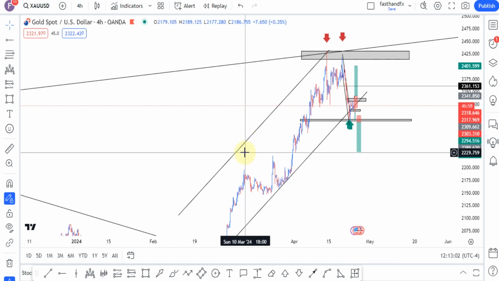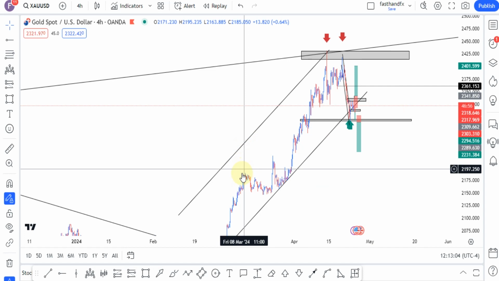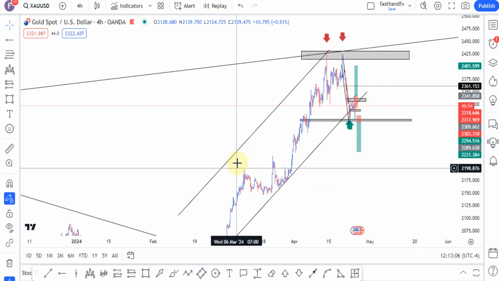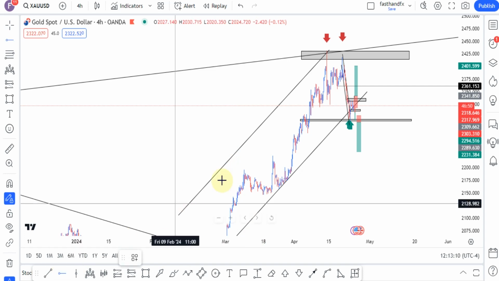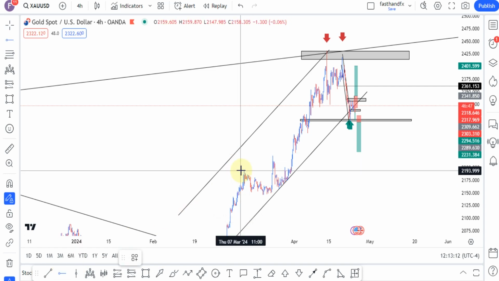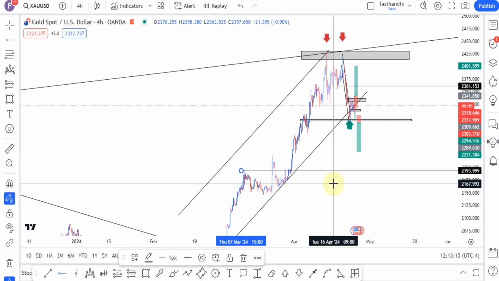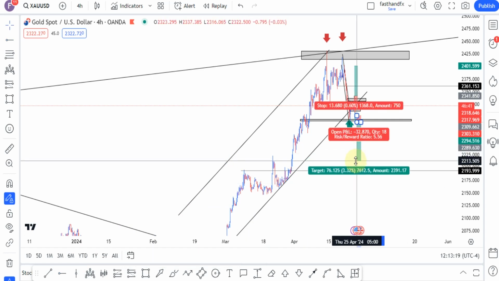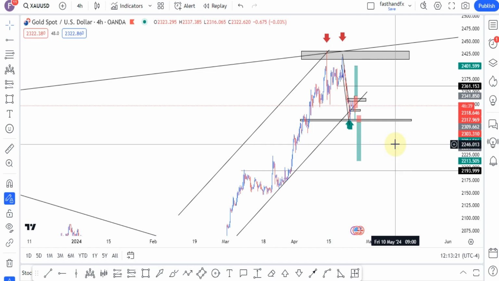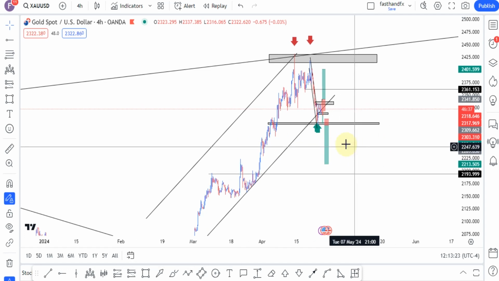This will be our take profit 2 and take profit 3 at this point. At this point down here, that will be like around 700 pips. That's very beautiful. That's very good for gold, guys.